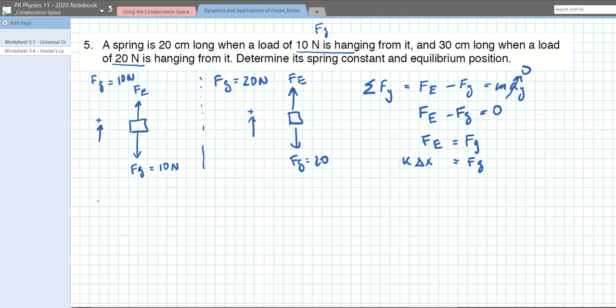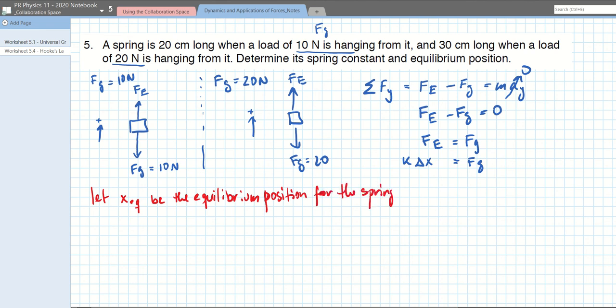So for this one, let x equilibrium be the position when the spring is unstretched, the equilibrium position for the spring.